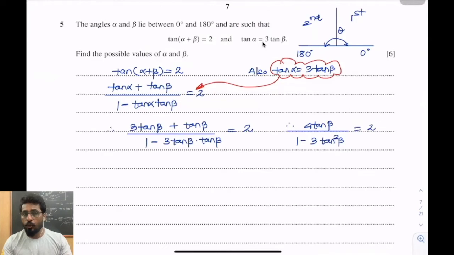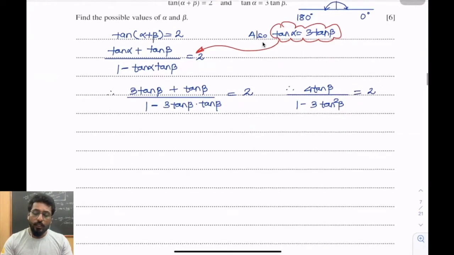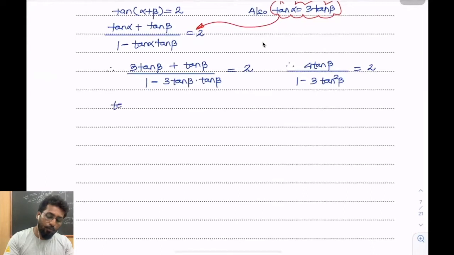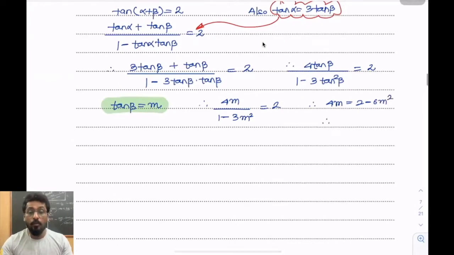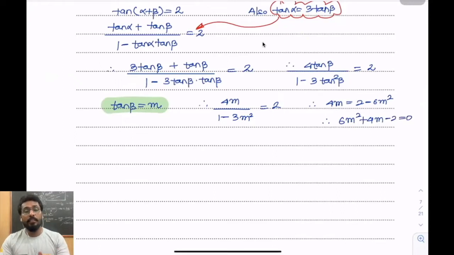So it's going to be a quadratic equation of tan beta. So students, for some time, I'm going to write tan beta as m. So I get 4m divided by 1 minus 3m square is equal to 2. Let's simplify this. So I get 4m is equal to 2 times 1 minus 3m square. So that's 2 minus 6m square. Let's collect all the terms together. So I will have 6m square plus 4m minus 2 equal to 0. You can clearly see that every single term is a multiple of 2.